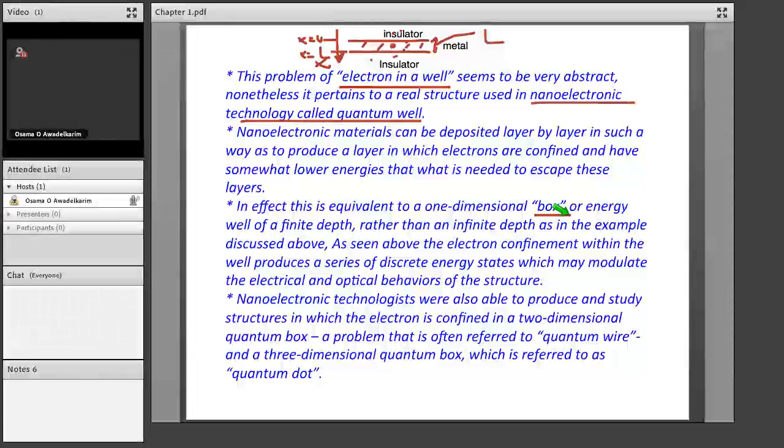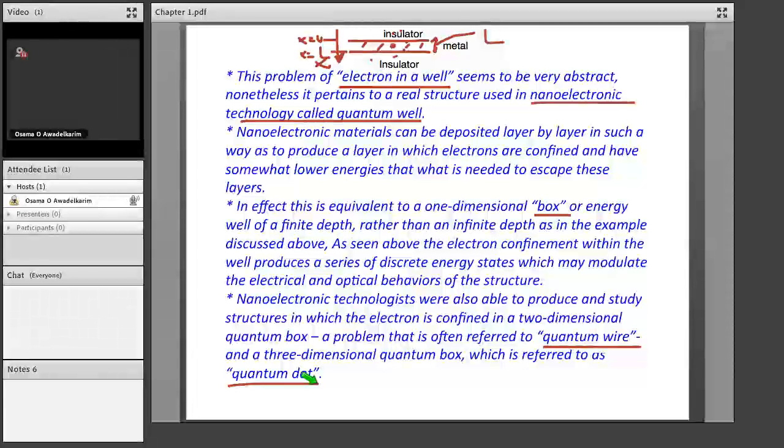Okay? But you can make it two-dimensional. Within this quantum box, you have discrete energies. But if you make it two-dimensional, then you're talking about a quantum wire. And if you make it three-dimensional, then you're talking about a quantum dot.